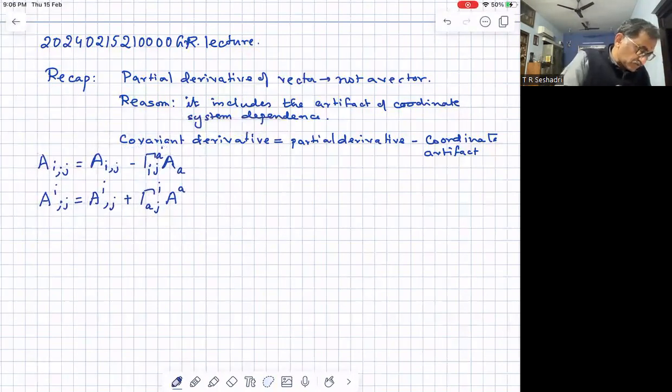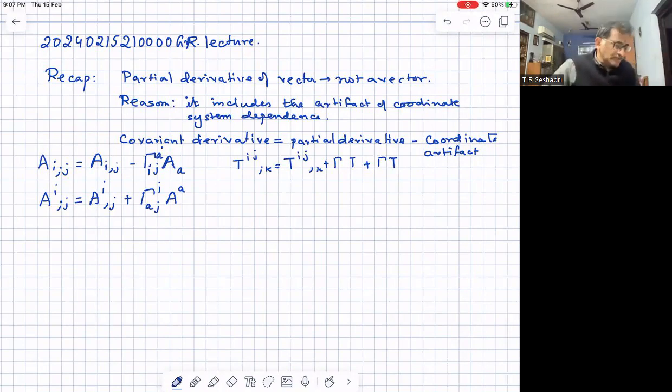And we also saw that if we have a tensor T^ij, T^ij semicolon k is equal to T^ij comma k plus gamma T plus gamma T, because there are two indices.